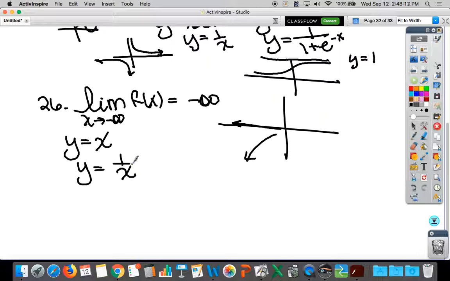No, hold on, wait just a second. Not 1 over x, let me explain why. For 1 over x, as you're going to negative infinity, it's not going to negative infinity, it's going to this horizontal asymptote.